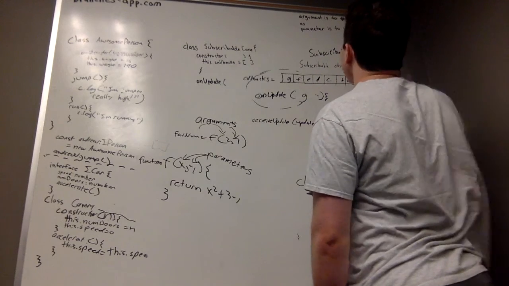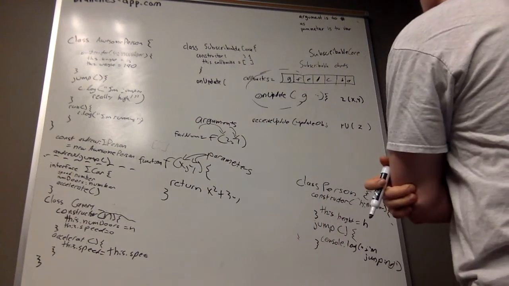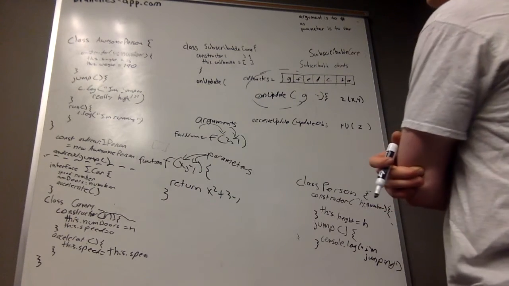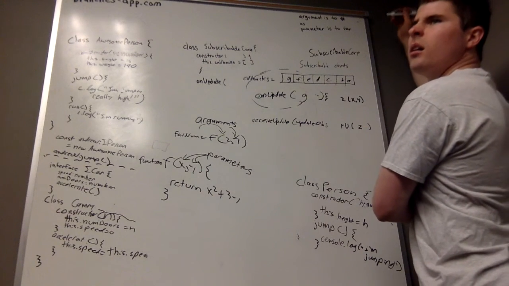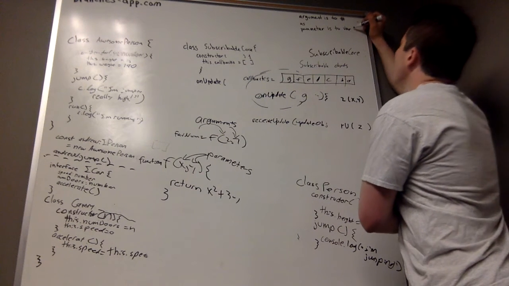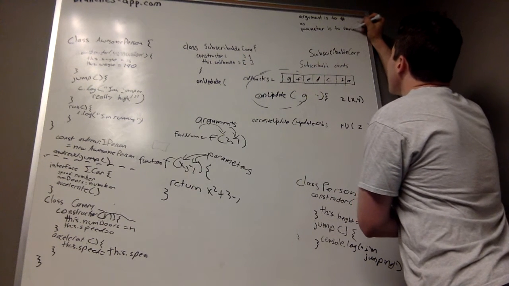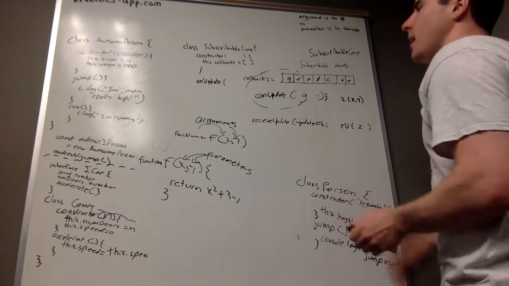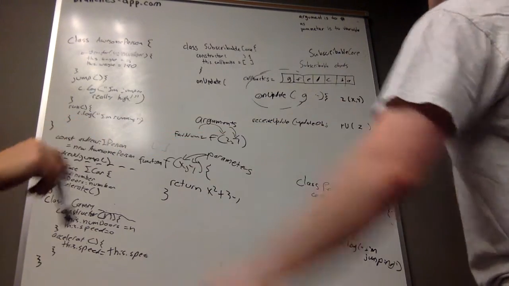Now, is that right? Or should it be argument is to parameter as number is to variable? Does it matter? However you want to draw your analogy, either way is logically consistent. That's what I was trying to do yesterday. I was trying to describe the logic of my situation to my dad, and he was just getting pissed. Anyways.